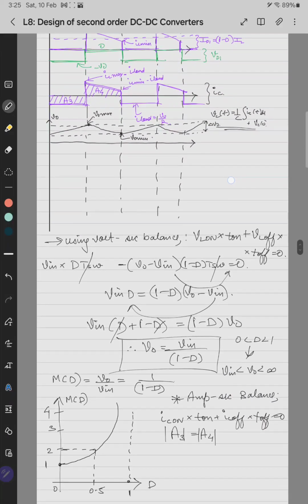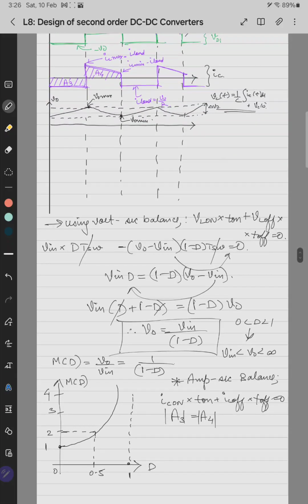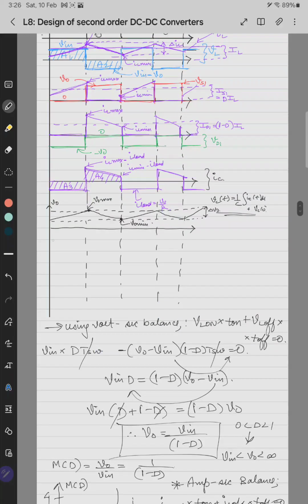So what is the area of A3? It is a rectangle. So the area of a rectangle is length into breadth. The length is the time. So this thing is 1 minus d into t switching, and this is d into t switching, and this whole is the time period, one switching time period.